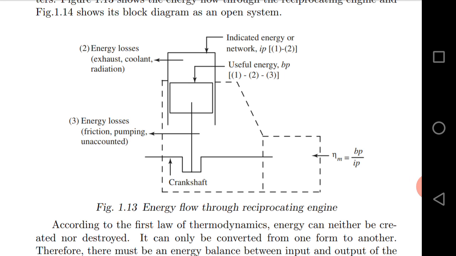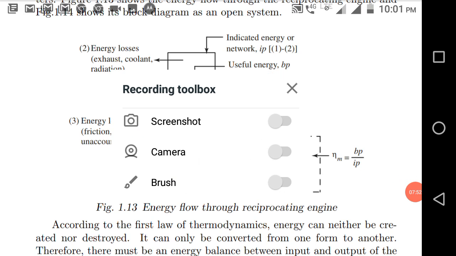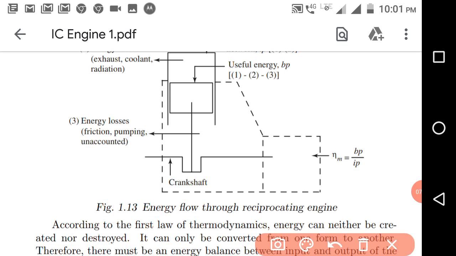So already we have discussed the operation of IC engine, the different processes for completing the cycle of IC engine. Now, just see, we can say this is the cylinder.